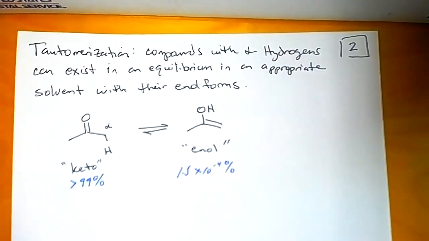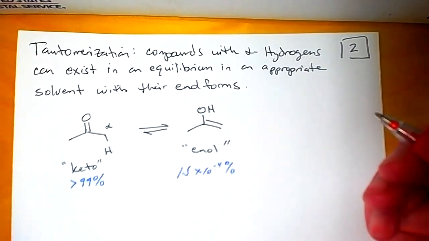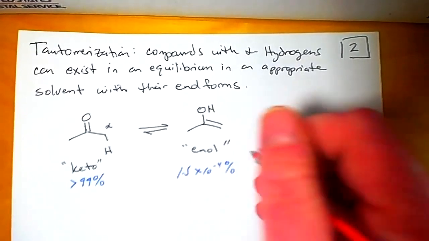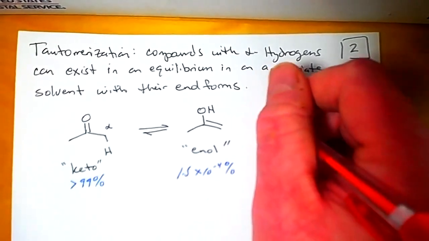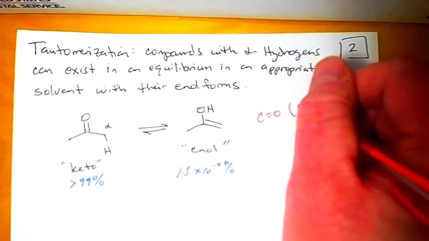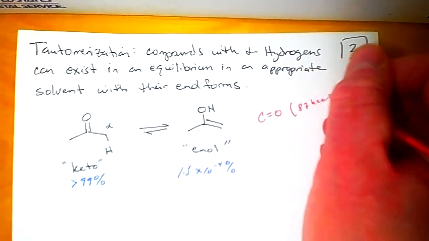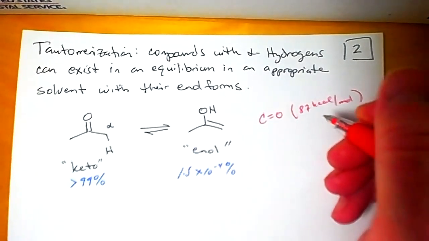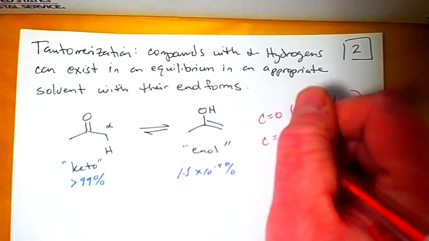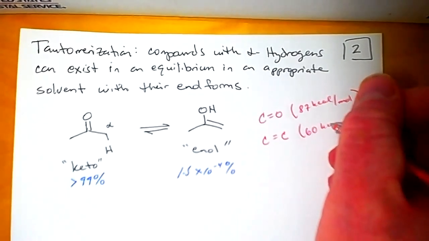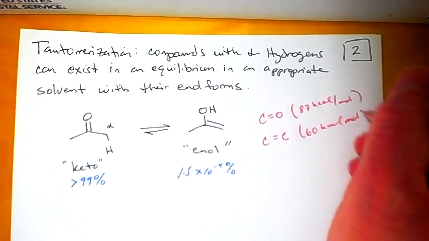Now, the reason for that is the keto form generally will dominate the enol form in an equilibrium. And that is because the carbon double bond oxygen has about 87 kilocalories per mole of energy stored up in it, as opposed to a carbon-carbon double bond, which has about 60 kilocalories per mole stored up in it.